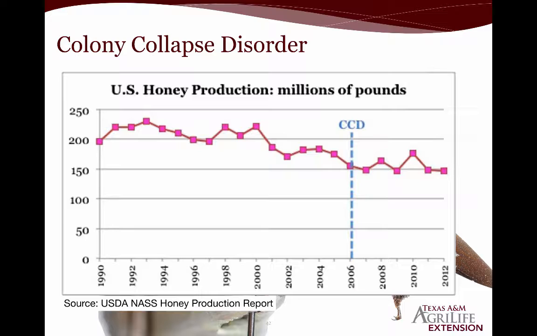Remember I showed you there was a general decline in the number of honeybee colonies in the U.S. over time, but the amount of honey production in millions of pounds remains relatively consistent. Since 1990 all the way to 2012, you can see it decreases a little bit, but you don't see a massive decline.